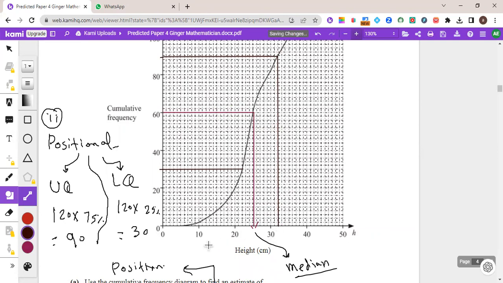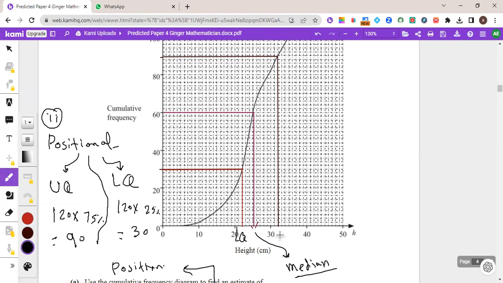So here, the upper quartile is, I think, 32, and the lower quartile is 22.